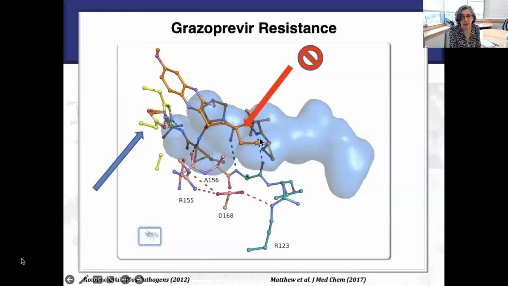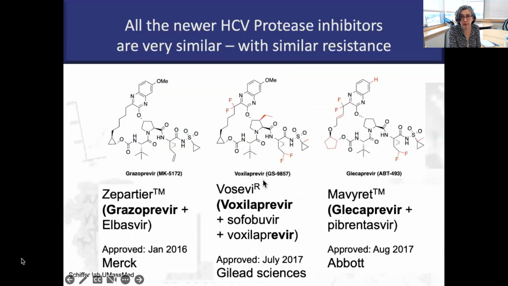The one thing to point out about grazoprevir is that it was one of the three compounds that I showed you in the beginning, and I'm not an organic chemist, but you can see that whether it's grazoprevir or voxilaprevir or glecaprevir, the differences are relatively minor, with the addition of a few fluorine atoms or slightly different chemical architectures, but the overall shape of the compound is very similar, as is the susceptibility to drug resistance. So having this macrocycle that's over the two residues I showed you.